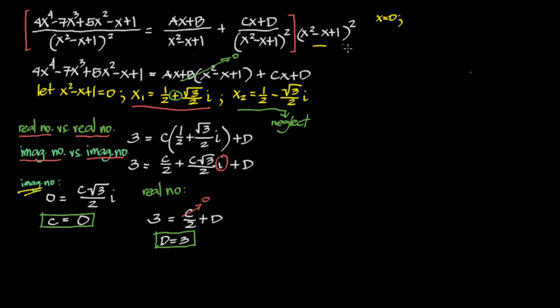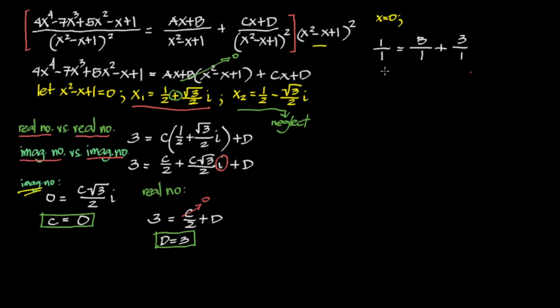So, matitira sa taas is 1 over 0, 1 squared, that's 1. Dito naman, a times 0, that's 0 plus b. So, b yung matitira. Then, we have 0, 0, 1. Plus cx, ang value ni c ay 0. So, 0 ito plus d. Ang value ni d is 3. Over, ito 0, 0, 1 squared, that's 1.